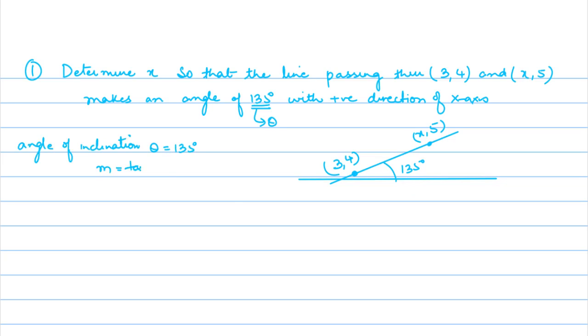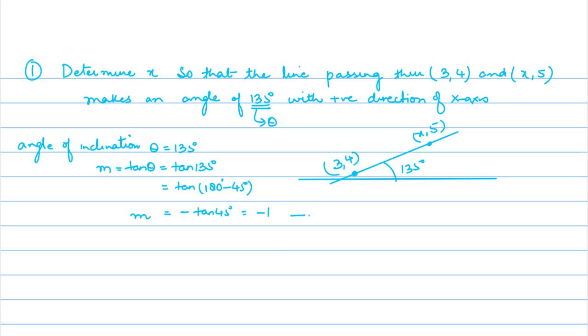What is slope? Tan of the angle of inclination. Therefore, tan 135. Now, if you have studied trigonometry, you can find tan 135. Tan 135 is tan of 180 minus 45, which can be written as minus of tan 45, and tan 45 is 1. Therefore, the value of m is minus 1.